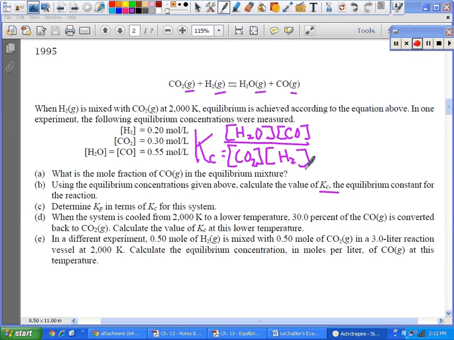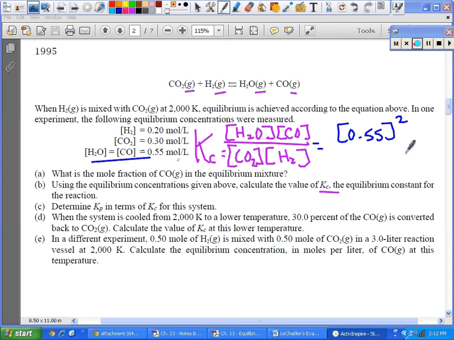So both of the ones on top are 0.55. Now, would it be appropriate to do that? Yeah. Why? Because both of them on top are the exact same value. And 0.20, and I got these on the bottoms backwards, but it's the exact same thing. Did anybody plug this in by chance to get an answer?